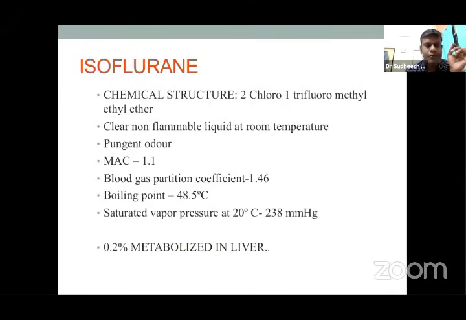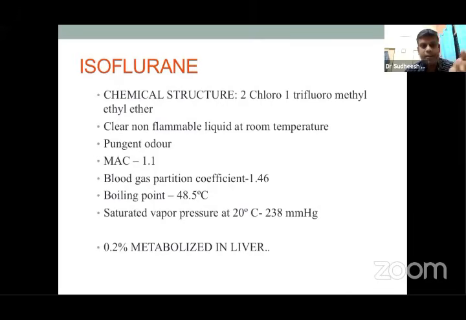Basically, you should know that it's a clear, non-flammable liquid which is stored in amber colored bottles, and also the color coding, because nowadays we have agent-specific vaporizers, and the vapor filling systems are color coded and touch coded. So for that you should know the color coding and touch coding of the various vaporizers and inhalation agents.